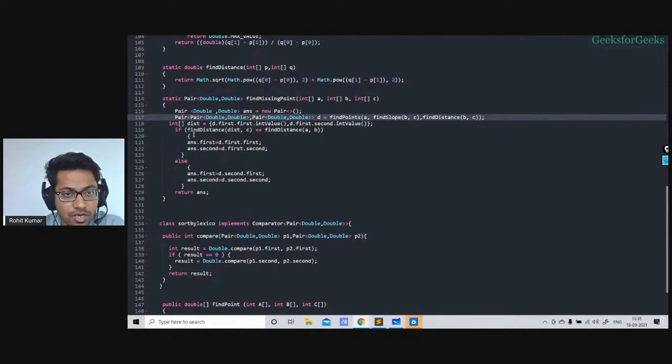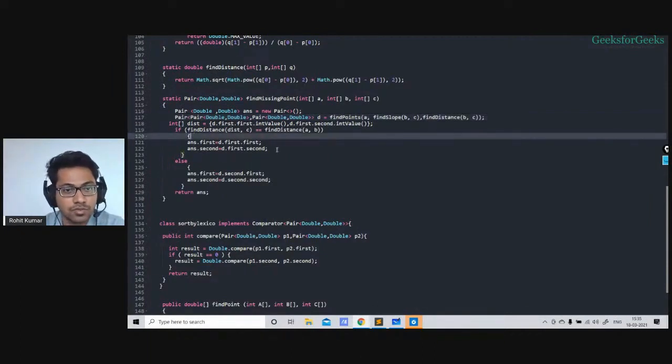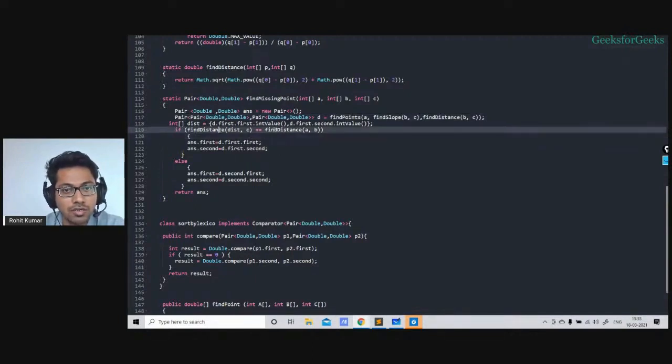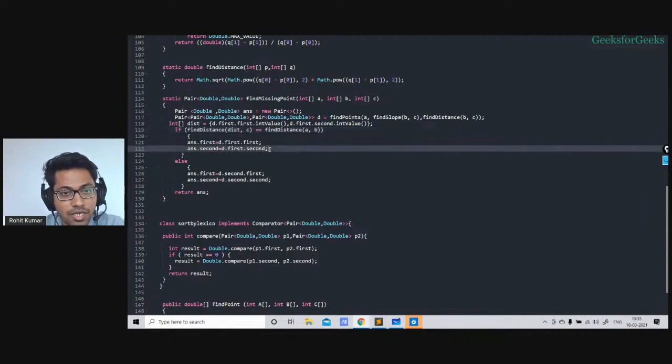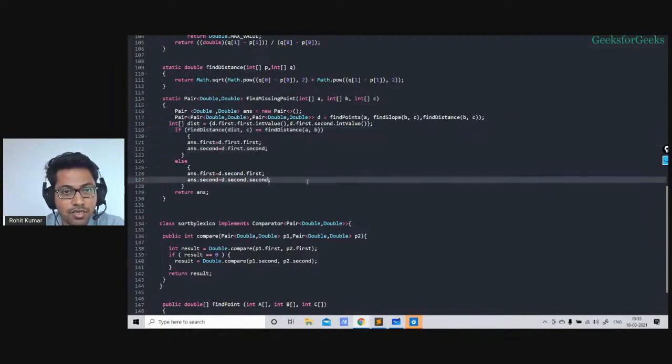And after that, in my if block, I am trying to eliminate one of them. So I am checking the distance for both of them. I am taking the first one, x1 y1, comparing it with the length of the opposite parallel side. If that is equal, I'm taking that as my final D point. Otherwise, I'm taking the other one.